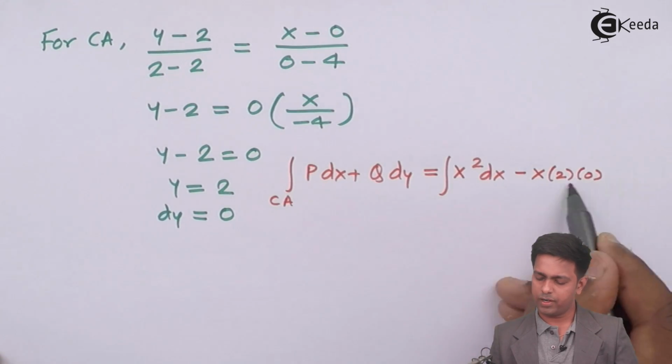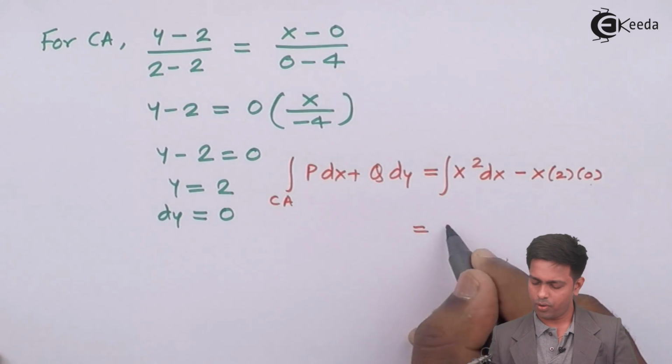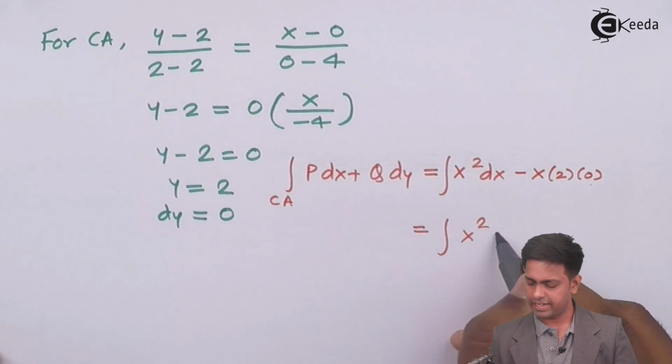So this whole term will become 0, and we will get integral of x square dx.